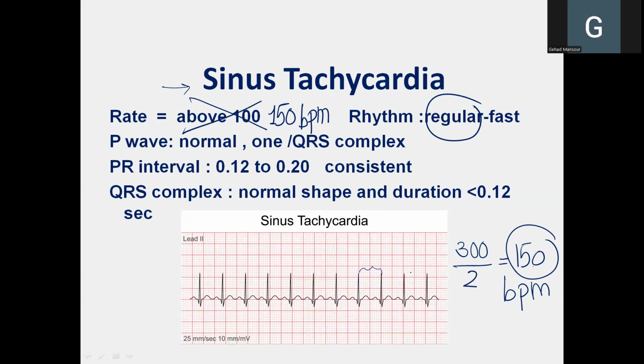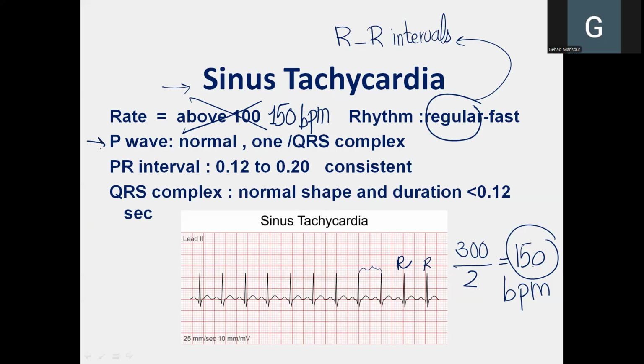Because we have two big squares between two successive R peaks. So in such a case, since all the RR intervals are equal, we can simply say that it is a regular rhythm because all the RR intervals are equal.